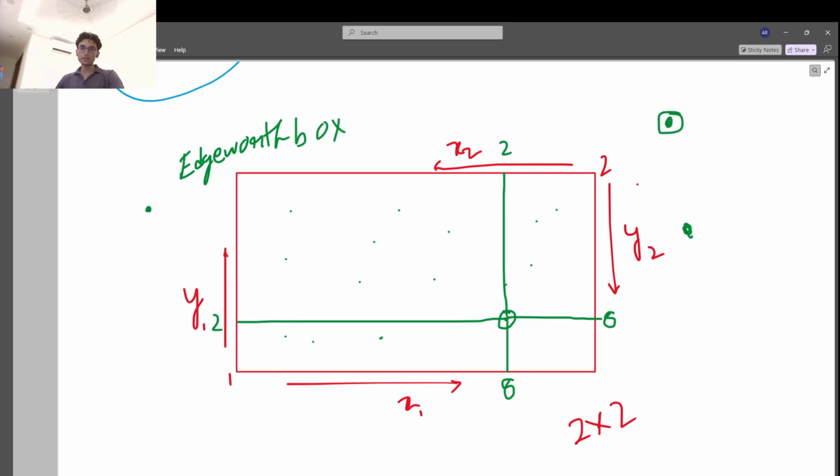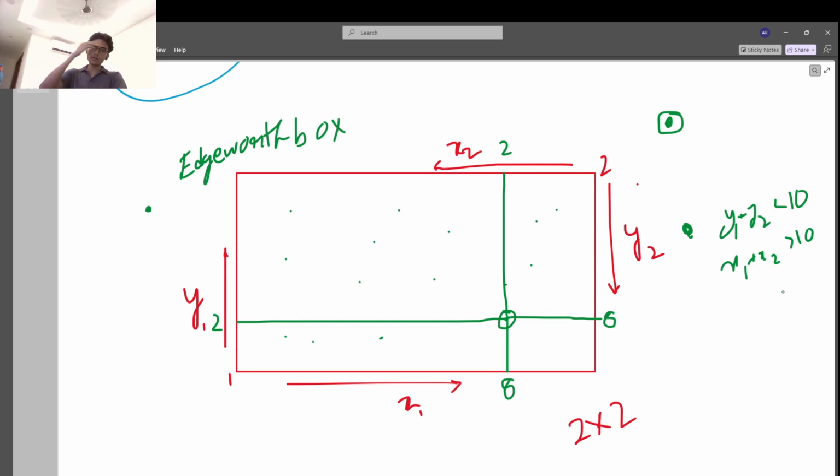An allocation here has y1 plus y2 less than 10, but x1 plus x2 is 10.